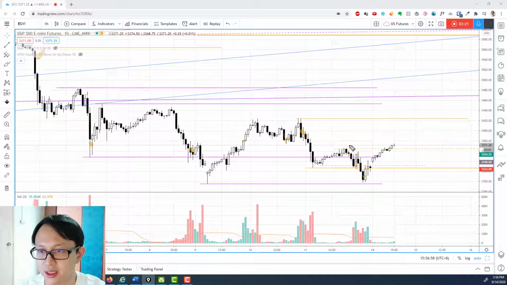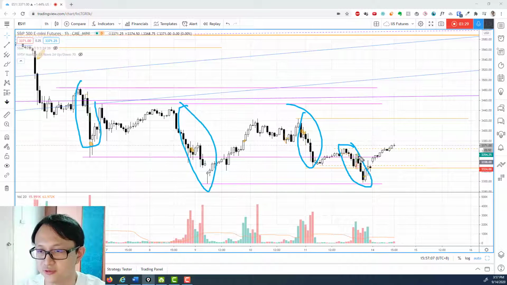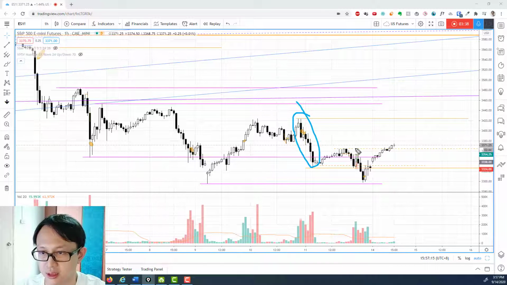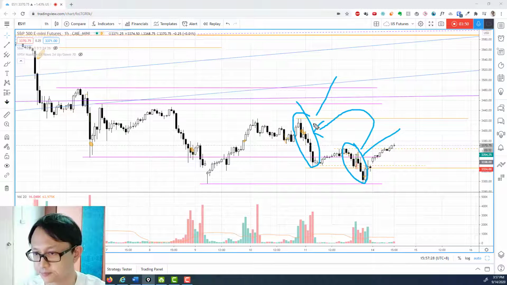Compared to the past few trading days, this reaction is relatively mild and probably very similar to Thursday's level. And I think the spread is actually smaller than on Thursday as well if we compare these two reactions. So the spread here is definitely smaller than the reaction we saw on Thursday.